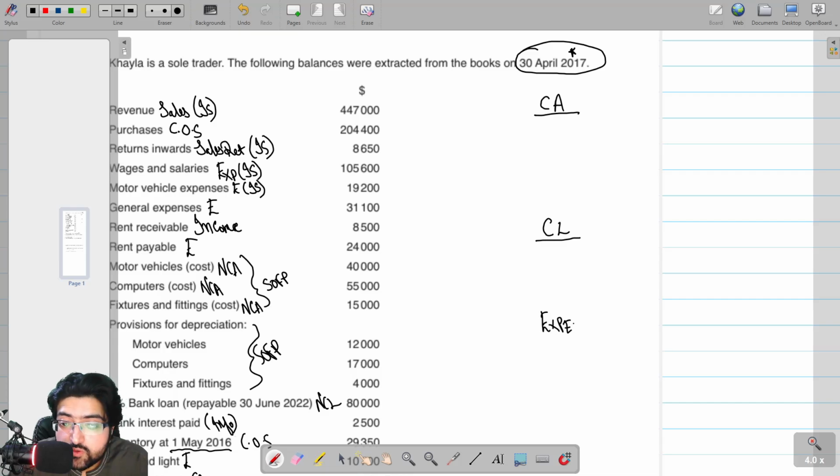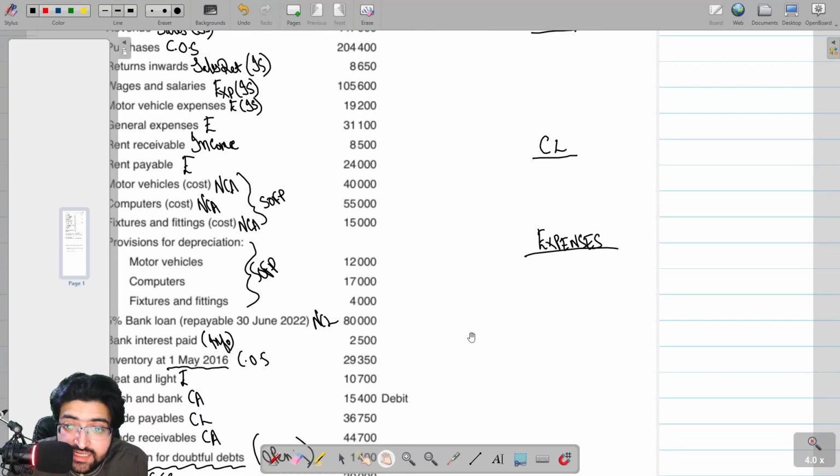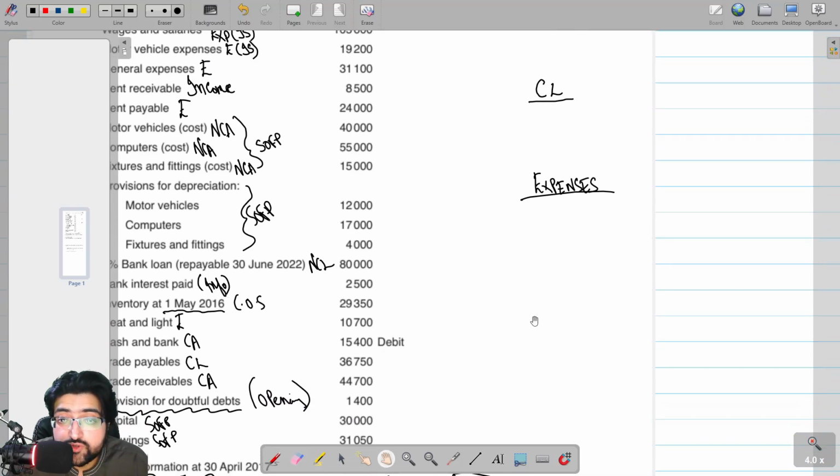This is your rough work. Okay, you can do this here or on a rough sheet or the extra pages that are given at the end of your paper. And then other income. Sorry, leave some space because there are usually a lot of other expenses that we have to include in our rough work. So other income, and that's it.